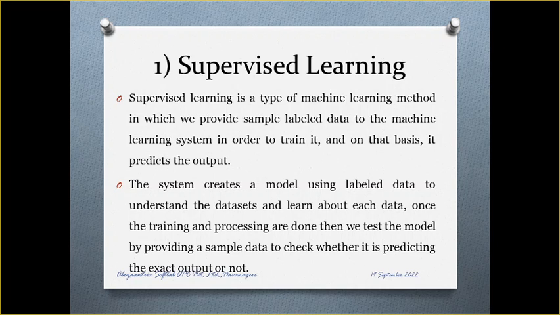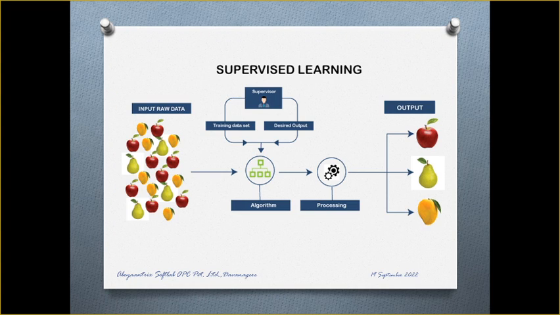This is just a simple scenario for supervised learning. We know the input raw data, and for the training, whatever the input is, the labeled output will be present. The supervisor will be present, that means the actual output.